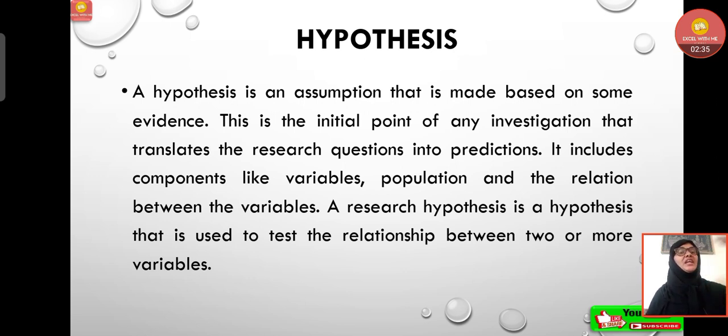That means I will have the tentative hypothesis that there might not be any difference between the relationship of emotional intelligence and academic achievement. Now, a research hypothesis is a hypothesis that is used to test the relationship between two or more variables. Just now I explained with an example here.